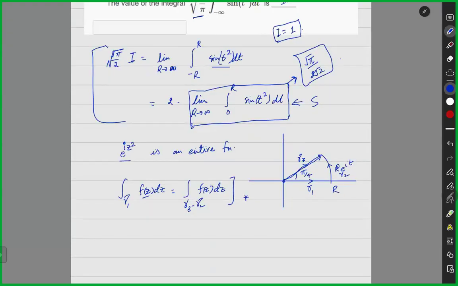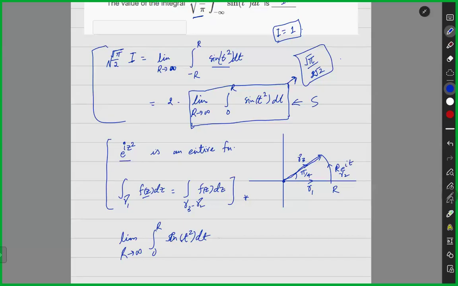At this place, limit r tends to infinity, 0 to r, sine t square dt.